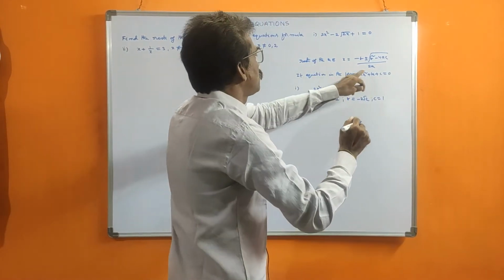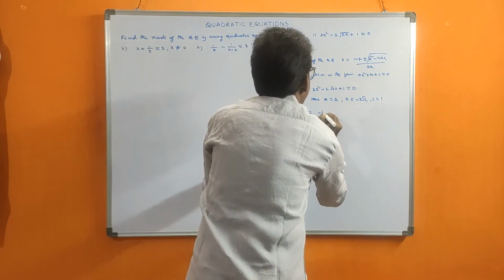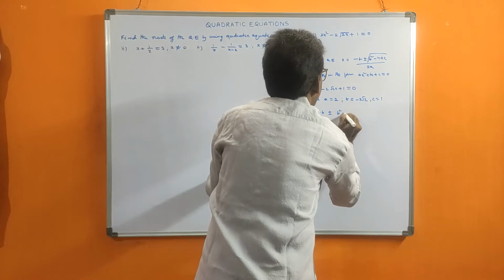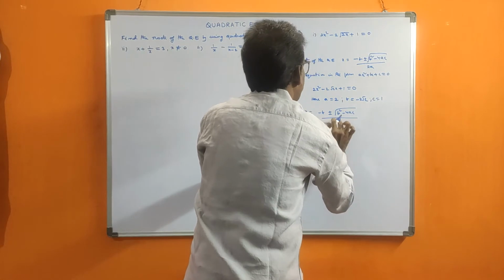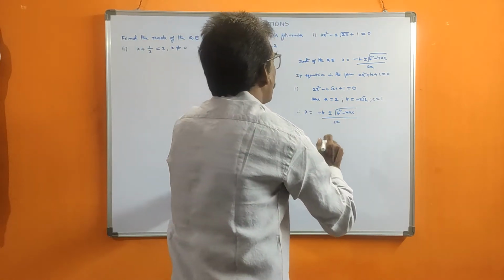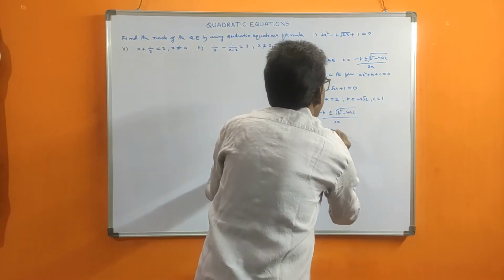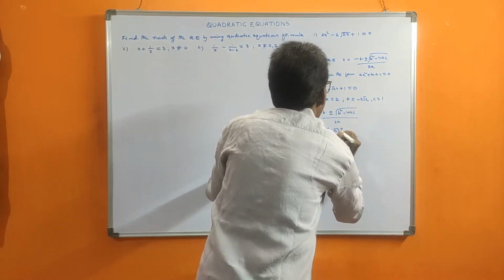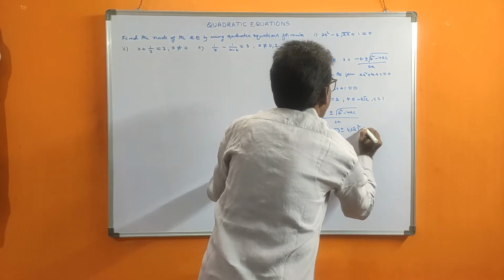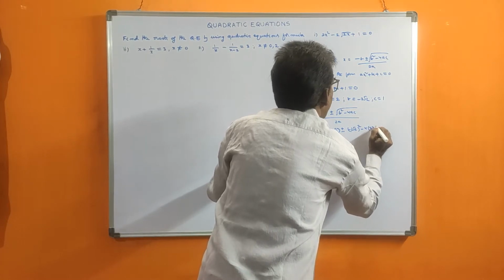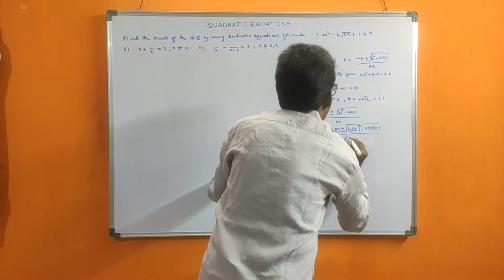Now, substitute these values in the formula. Therefore, x is equal to minus b plus or minus the square root of b square minus 4ac, whole divided by 2a. Now substitute the values. Minus of b is minus of minus 2 root 2, plus or minus the square root of b square, minus 2 root 2 whole square, minus 4 into a, which is 2, into c, which is 1, all under root, whole divided by 2 into a, which is 2.